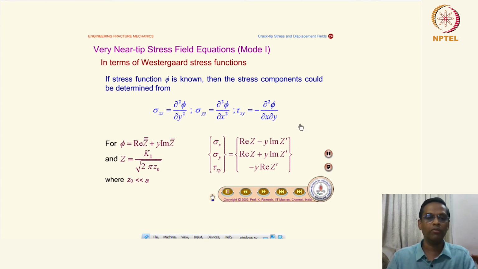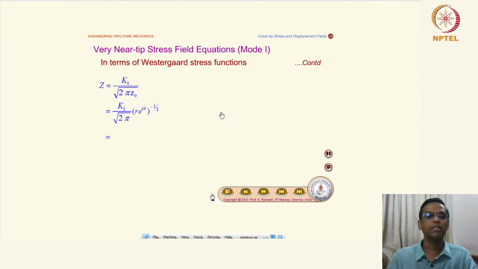So now what we can do is rewrite this near tip stress field using these Westergaard stress functions. Z is equal to K1 by square root of 2 pi z naught, and z naught can be replaced by r comma theta. Then it becomes like this.